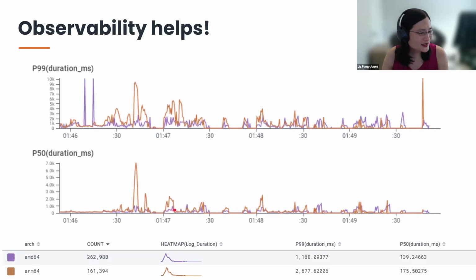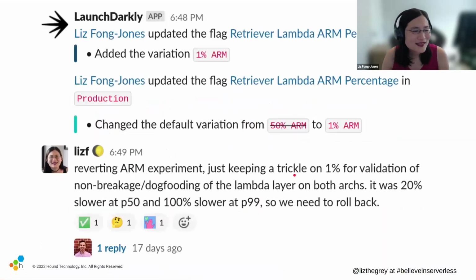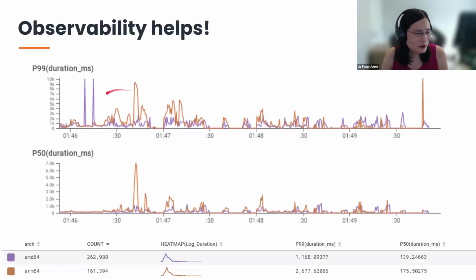So this is the kind of analysis that we did to validate whether ARM64 lambdas were right for us, having determined that ARM64 EC2 instances were great. And unfortunately, what we initially found was that we were running A/B tests. We were running 50% or 30% A/B tests of ARM versus x86.